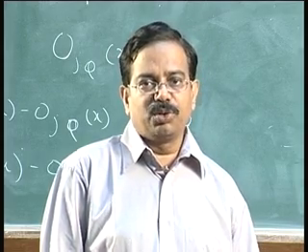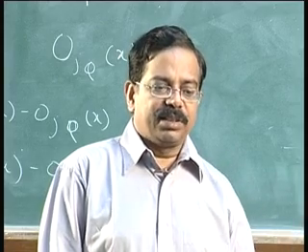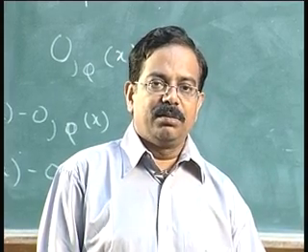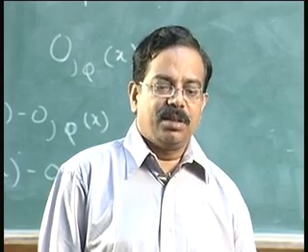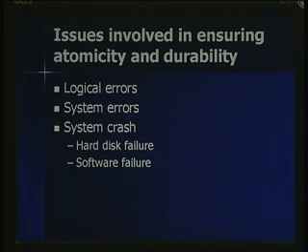ATM failed due to various reasons. You would like to know whether the system has actually debited the amount from your balance or not. That is basically system errors. They could be system crashes, there could be a hard disk failure, the disk head could have been corrupted. So, there could be various reasons why the system did not perform.